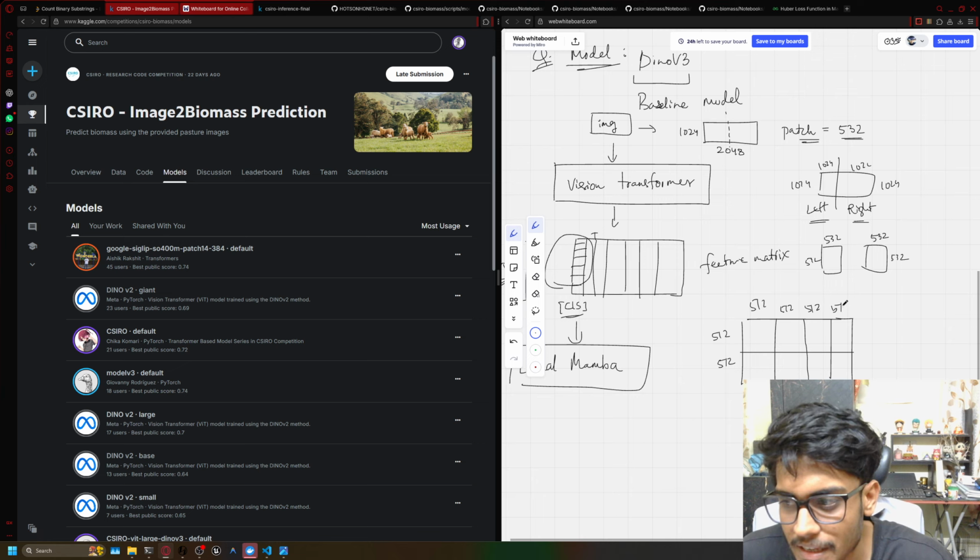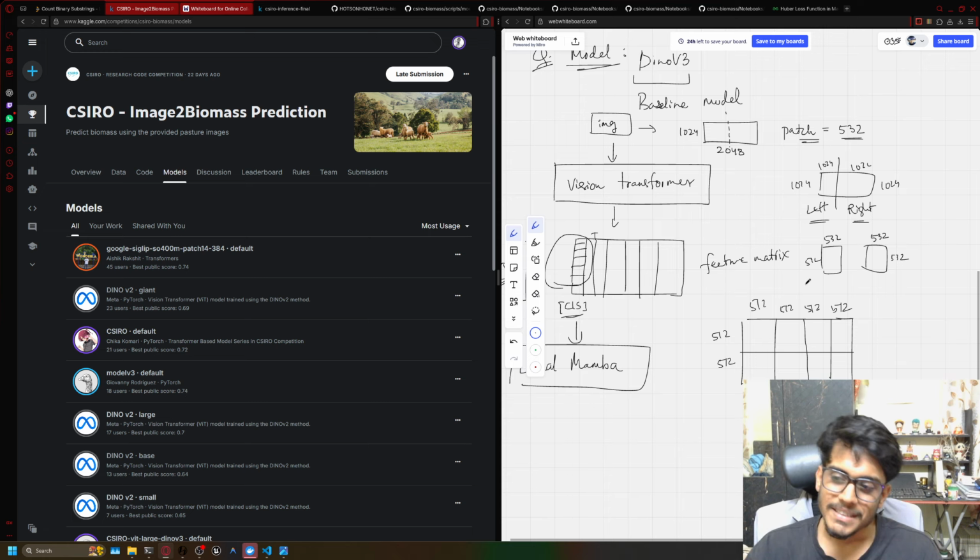I have tried this also, but training this model was a little slower. It was giving better performance, but I was compromising on the inference speed. So in order to tackle that, I have chosen the 2-split image strategy instead of going with 8 splits.